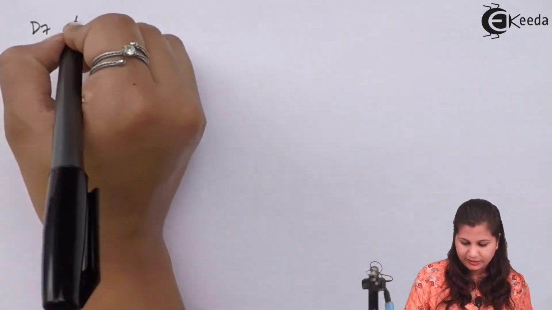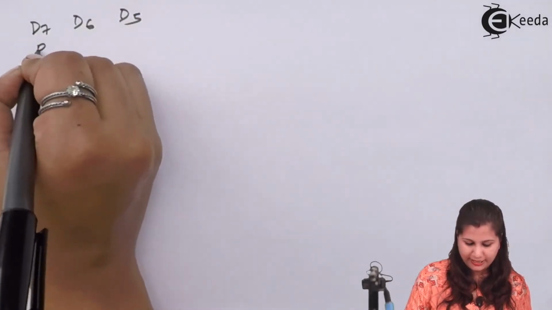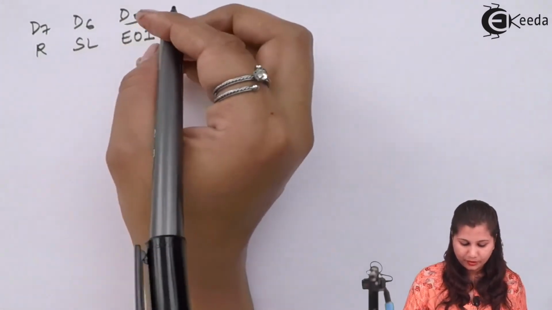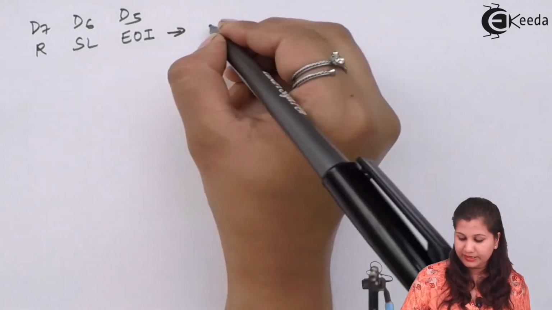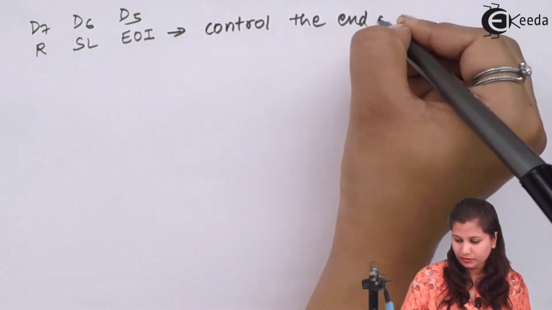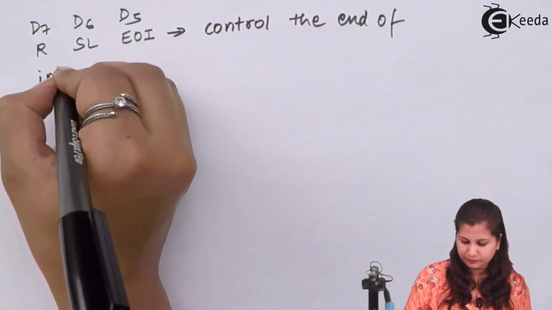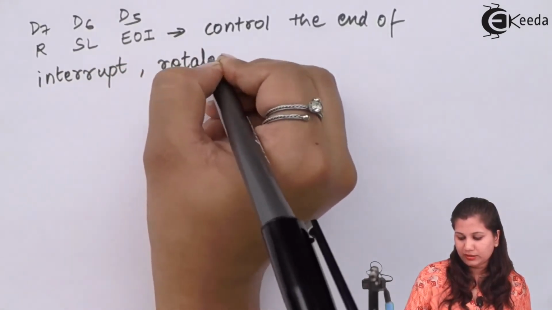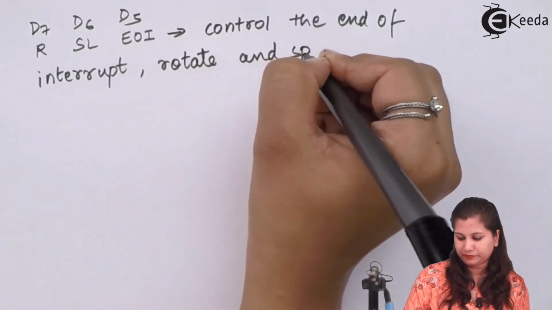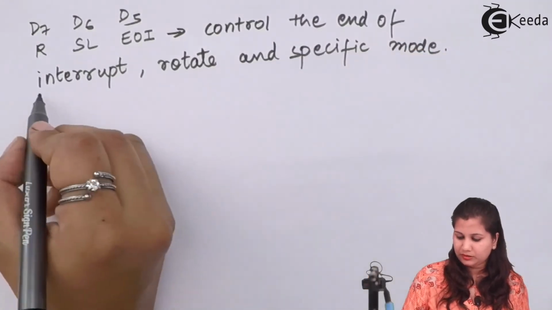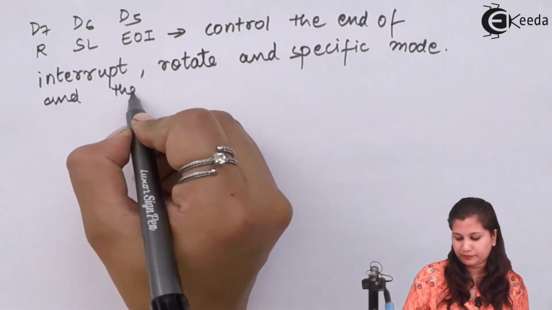So we can say that these three bits D7, D6, D5, which are R, SL and EOI, control the end of interrupt, rotate and specific mode, and their combinations also.